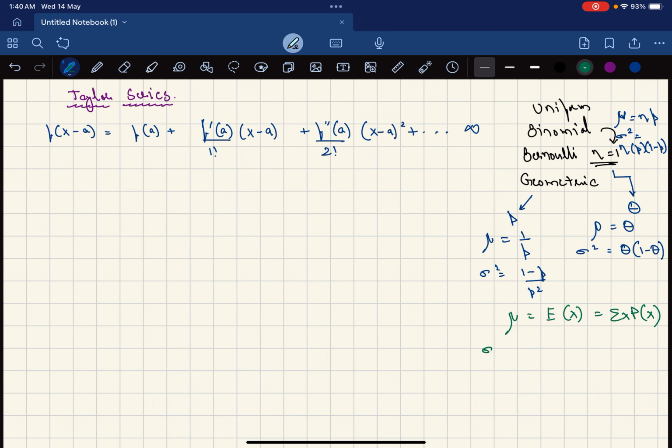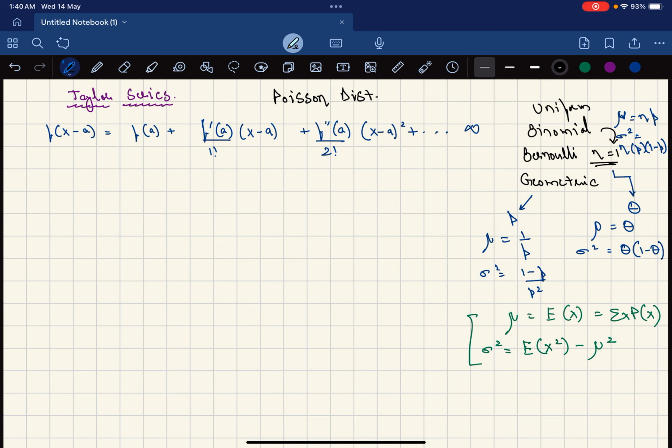Similarly, the variance was computed as the expected value of x square minus the square of the mean computed. So using these two very basic computations, we were able to get the expected value and variance of these four discrete distributions. Now going forward, we are still left with one distribution, which is the Poisson distribution.